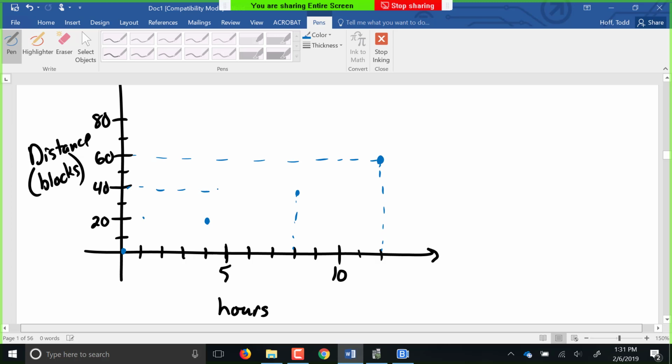Just because I don't have a grid here, I'm going to put in these little indicator lines for you.